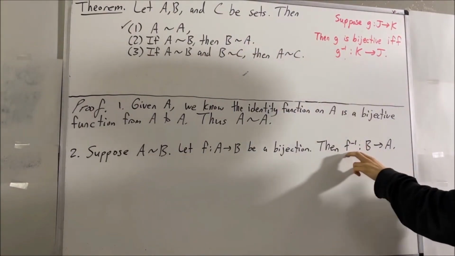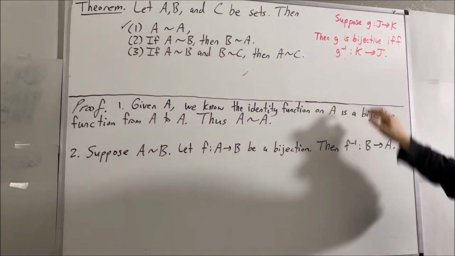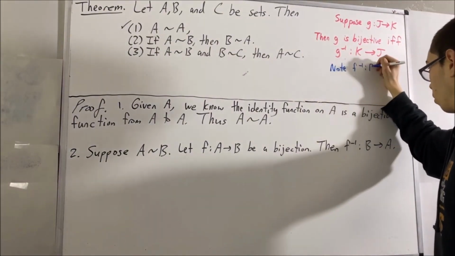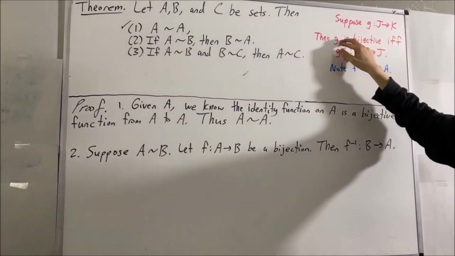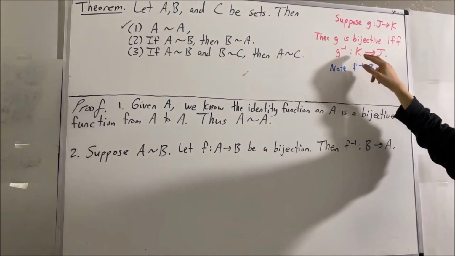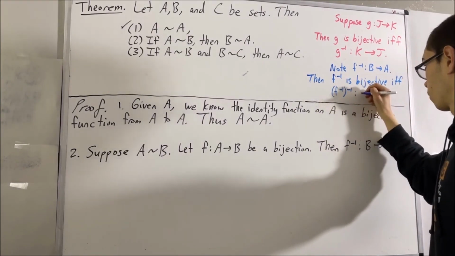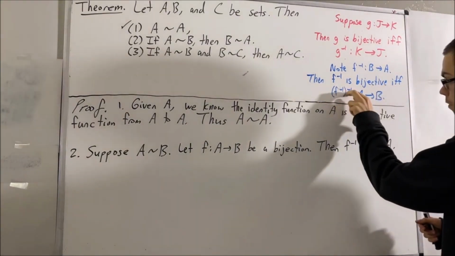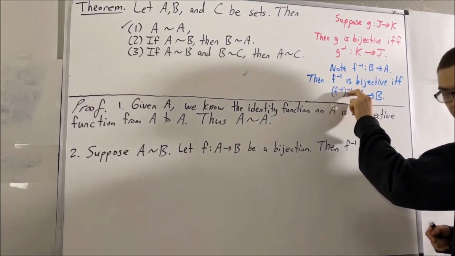And to show that the inverse of f is a bijection, we're going to use this fact. To apply this fact, let's call g f inverse, let's call j B, and let's call k A. So it follows that f inverse is bijective if and only if the inverse of f inverse is a function from A to B. So, to prove f inverse is bijective, all we got to do is show that the inverse of f inverse is a function from A to B. But really, the inverse of f inverse is equal to f.